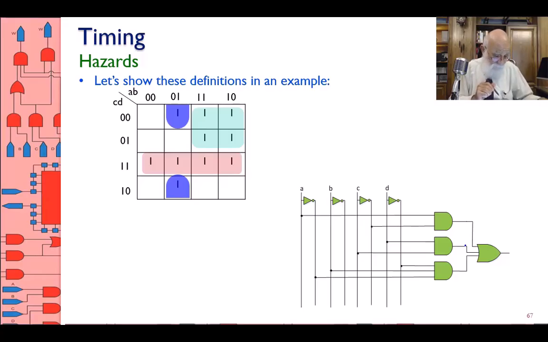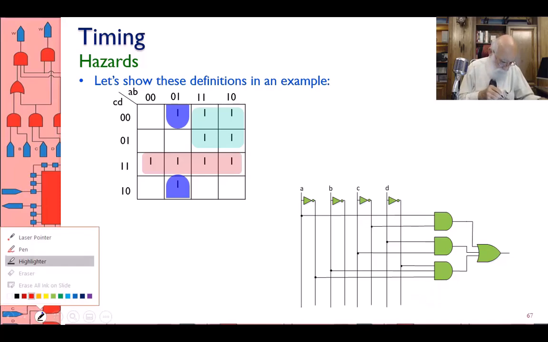And I have A bar, B, D bar, which is this lower one.